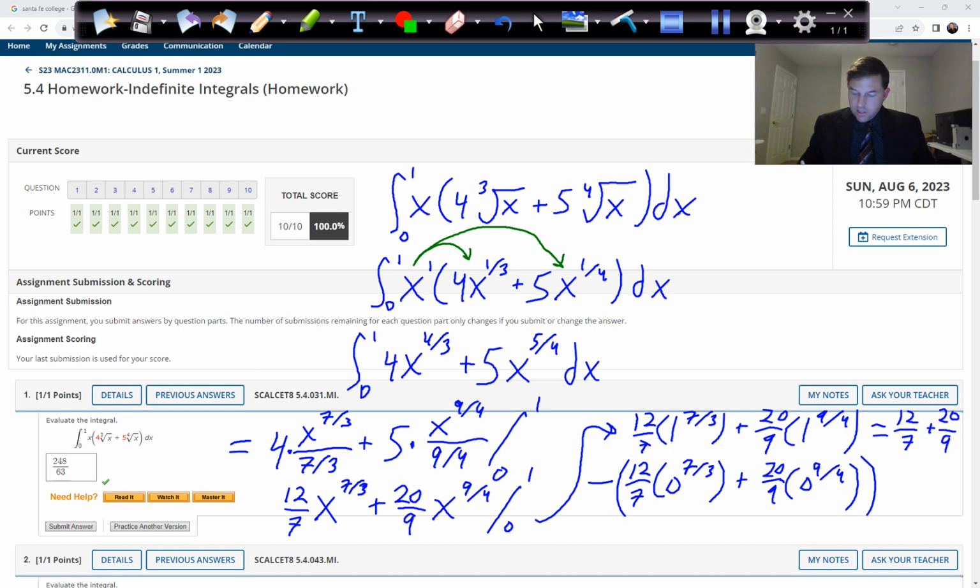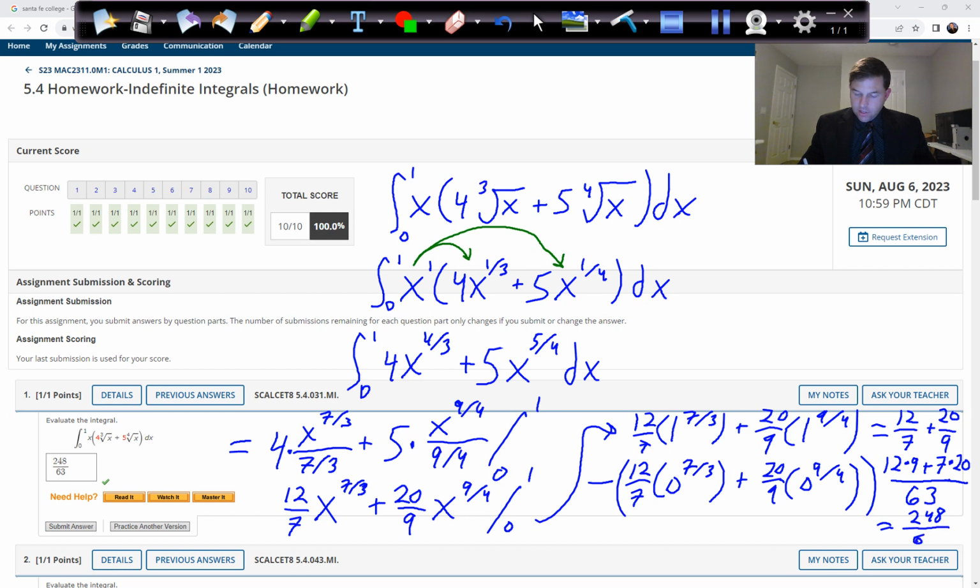And you're going to get a common denominator of 63. So you'll get 12 times 9, cross multiply basically, plus 7 times 20, over a common 63. And if you multiply those terms and add them together, you should get 248/63.